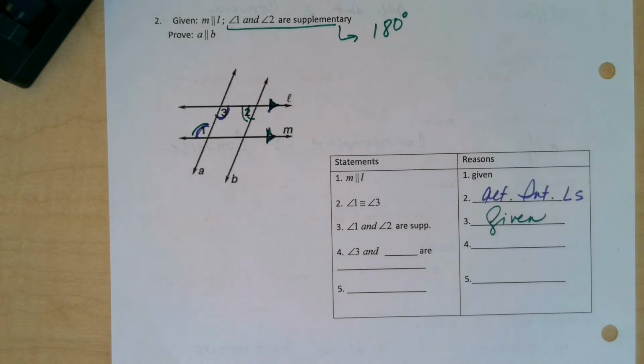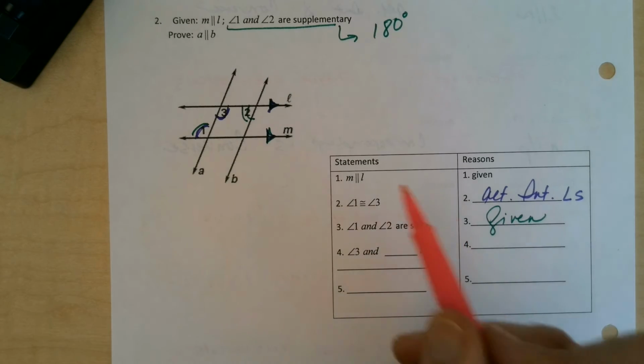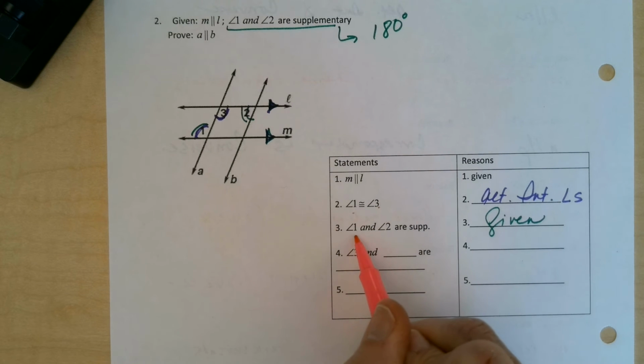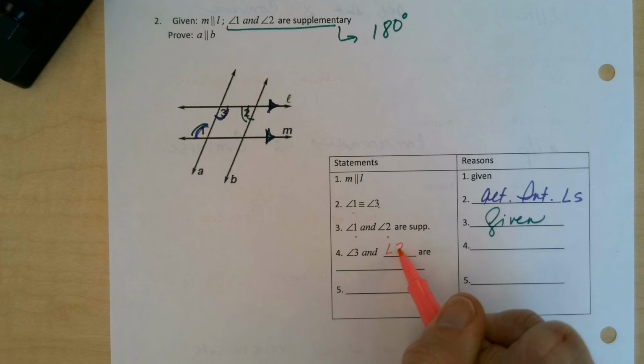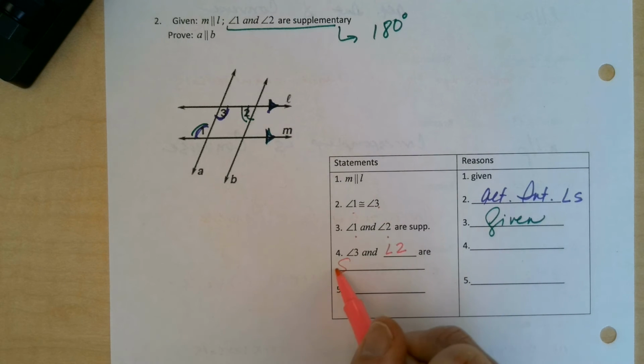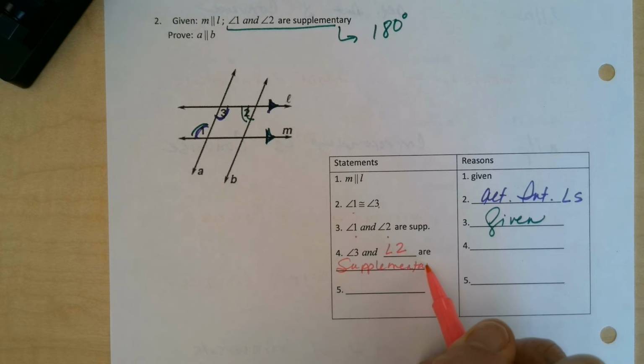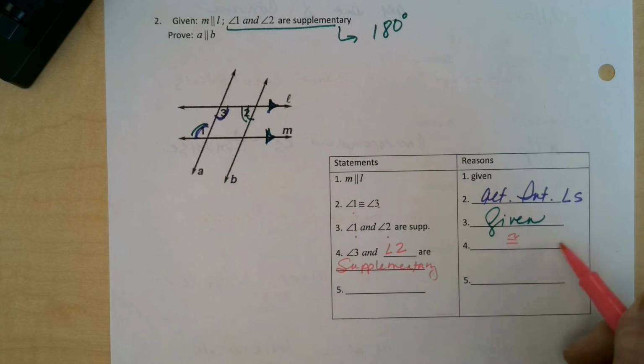If the lines are parallel, those core relationships exist. Now I have 1 congruent to 3, 1 is supplementary to 2, which means that angle 3 and angle 2 have to also be supplementary. That was that theorem called congruent supplements.